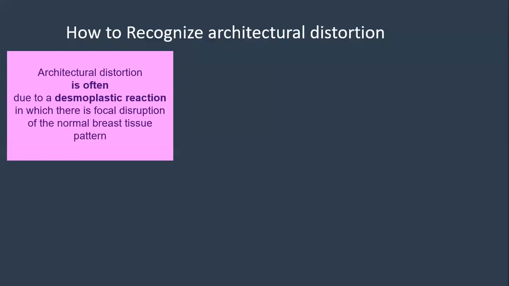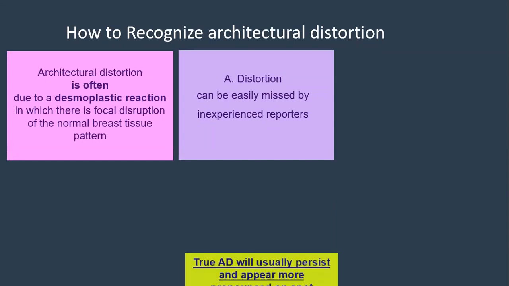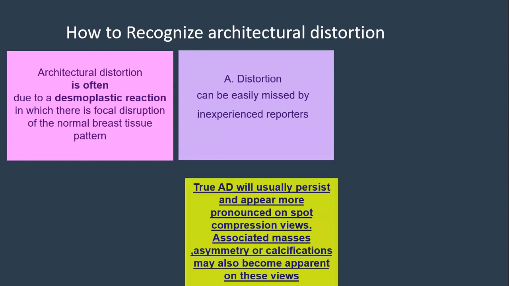Architectural distortion is often due to desmoplastic reaction, in which there is a focal disruption of the normal breast pattern. Architectural distortion can be easily missed by inexpert reporters and will persist on a spot magnification view, and can become more conspicuous, as well as the associated abnormality like masses, asymmetry, or calcification.